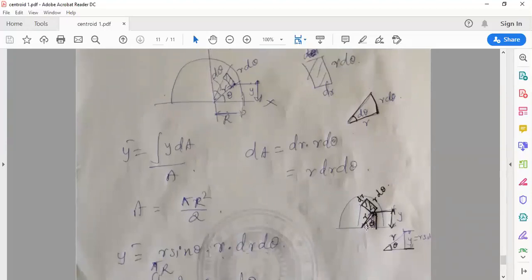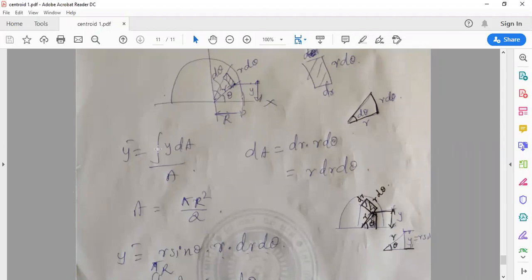The hypotenuse length is r, this angle is theta, so the opposite side y is equal to r sine theta. This vertical drop, this height, becomes y equal to r sine theta, where r is the radius and theta is the angle.